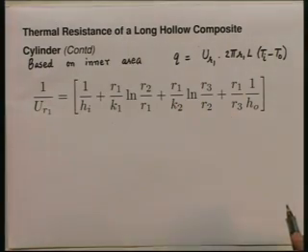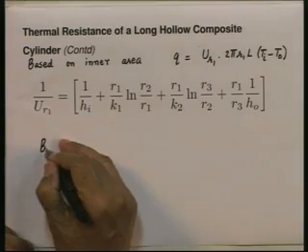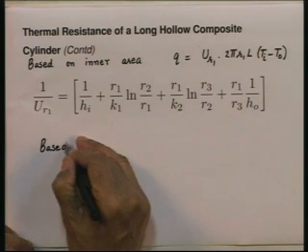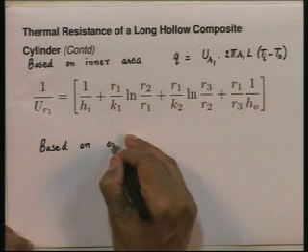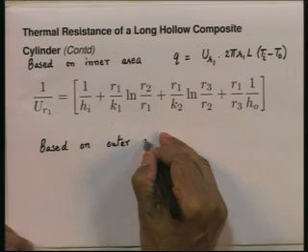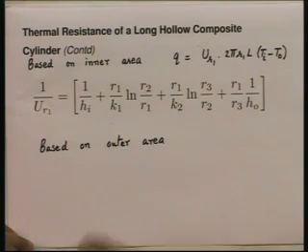My definition of U can be based even on some other radius. Say for instance, suppose I say based on outer area. All right.